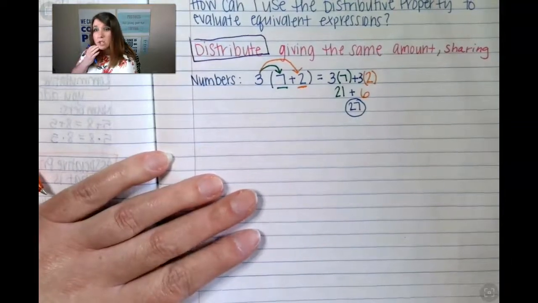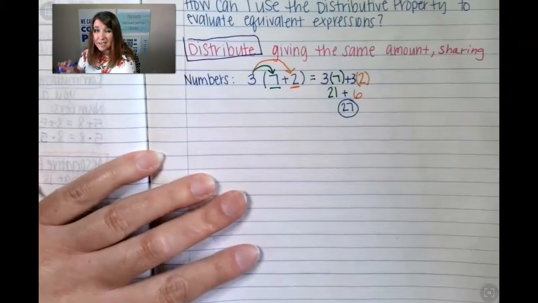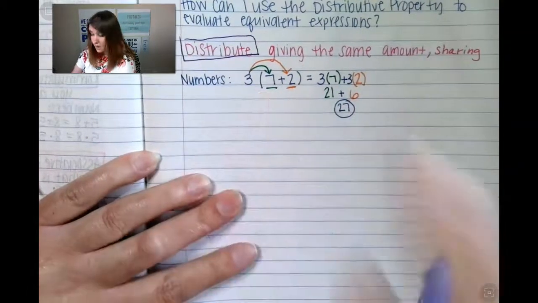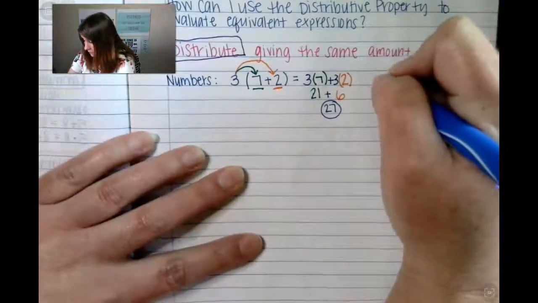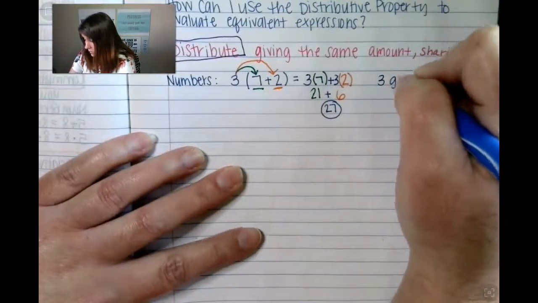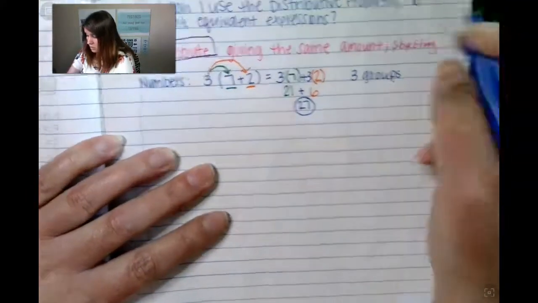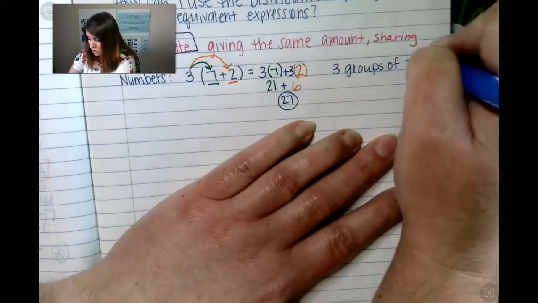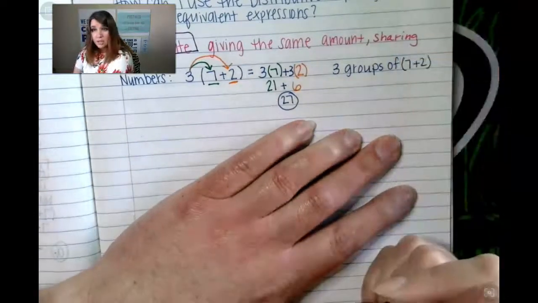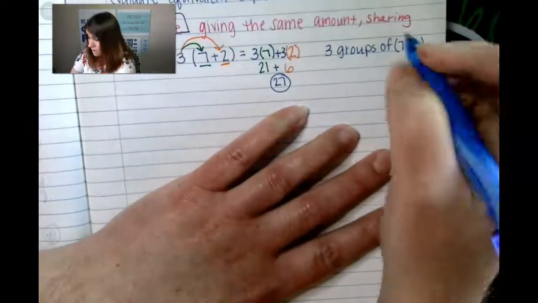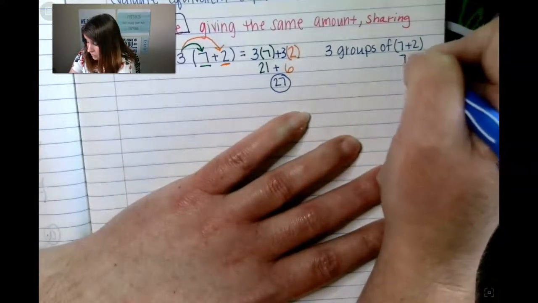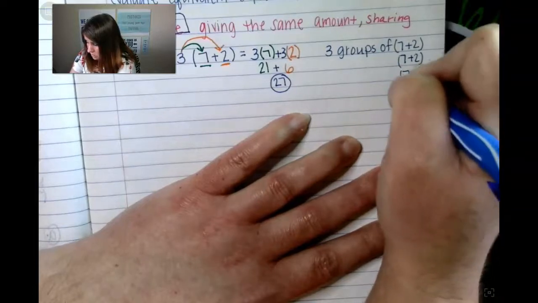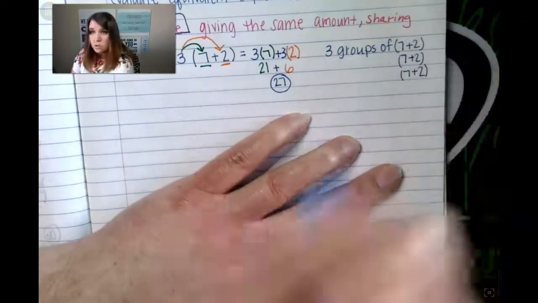Now, if I want to check my work to see if my answers are equivalent, I could say 3 groups of 7 plus 2, and I could check it this way. I know that 7 plus 2, and 7 plus 2, there's another group, and 7 plus 2. 1 group, 2 groups, 3 groups.